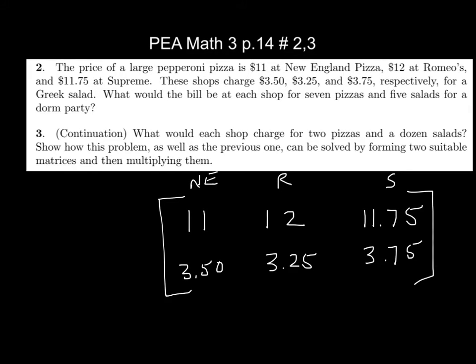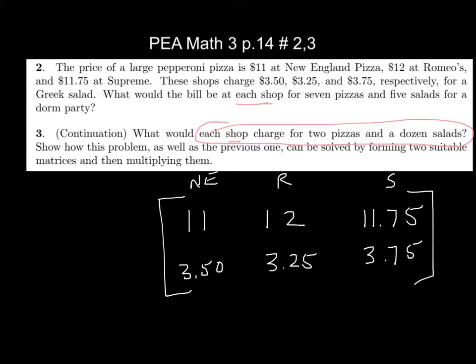Now, we want to figure out how much it would cost. There are 2 questions, this question up here and this question down here. I want to see the total cost for each place for 2 pizzas and a dozen salads. This is where it kind of gets flexible.